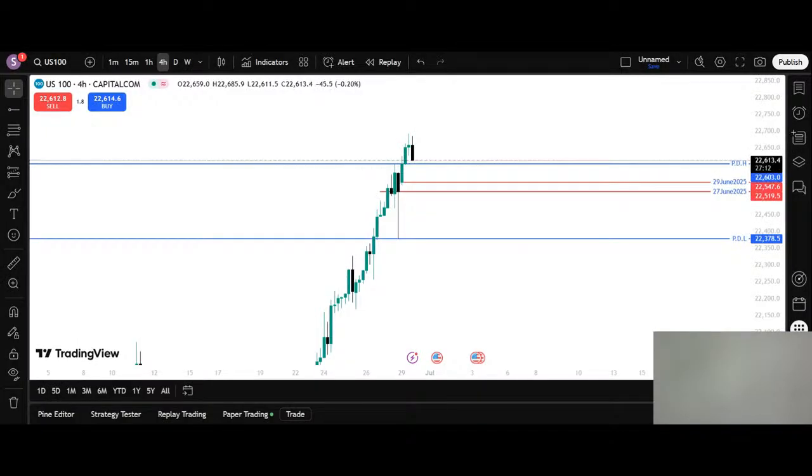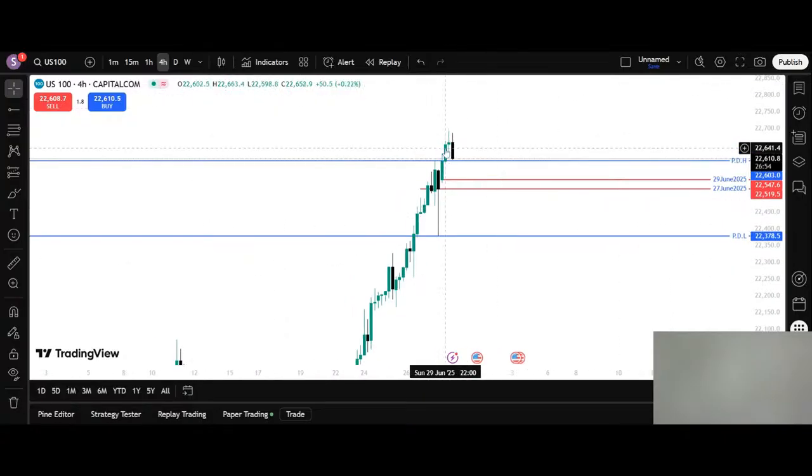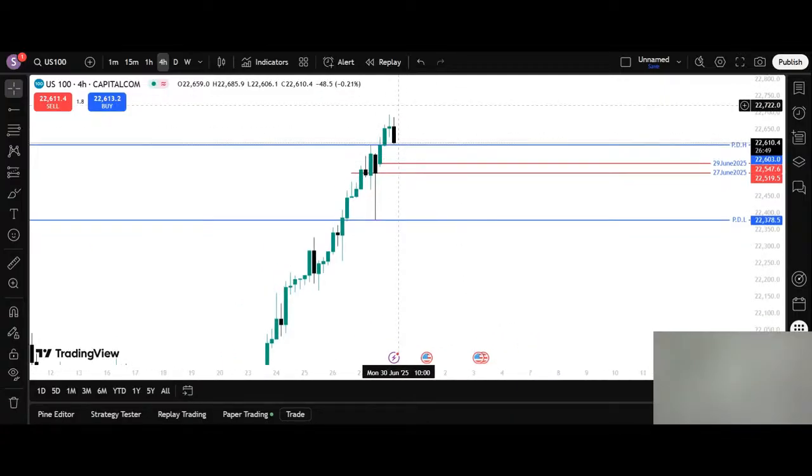As you can see, the 4 hour closes in approximately 27 minutes. The previous 4 hour candle was kind of an indecision candle.